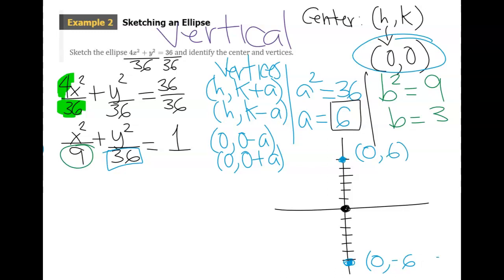Now we also know the value for B, so we could plot those two other points that will help us connect our points into an ellipse. And those will be, because B is equal to 3, they're going to be 3 units to the right and 3 units to the left of the center. So they will be right there. And of course, we could go ahead and connect the points.